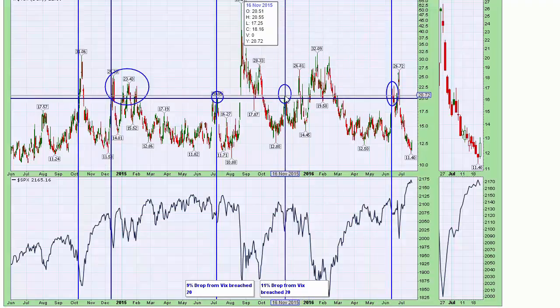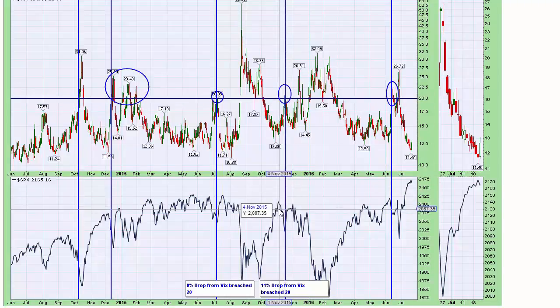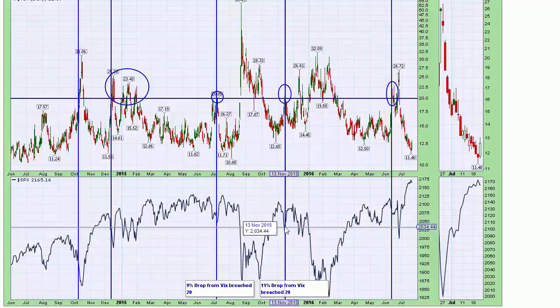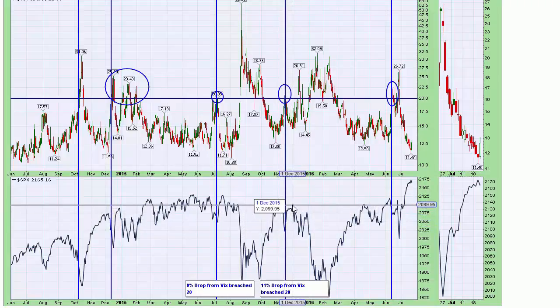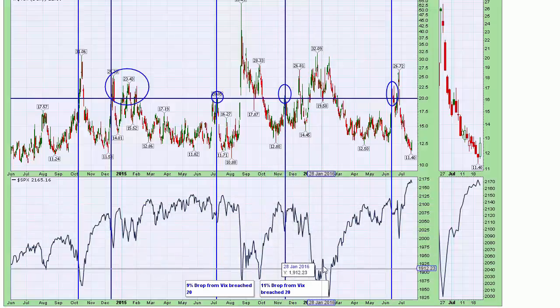Same thing over here. We go back. The VIX initially spiked above 20 in November of 15, and you can see it was a short-term bottom. But then you can see the market tried to come back, and it could not take out the highs, and then completely rolled over.